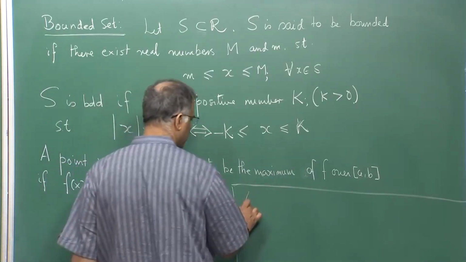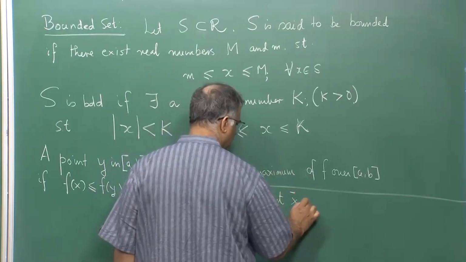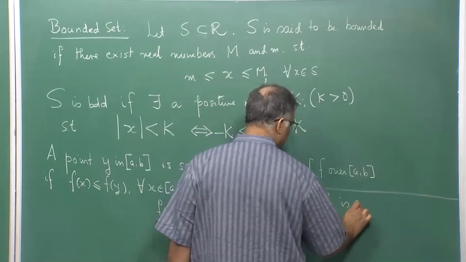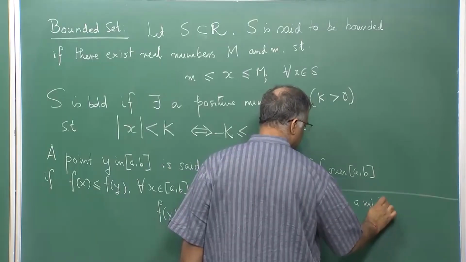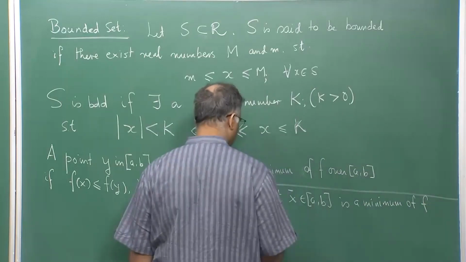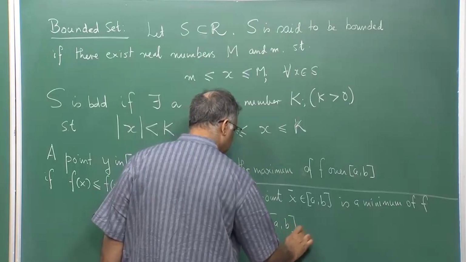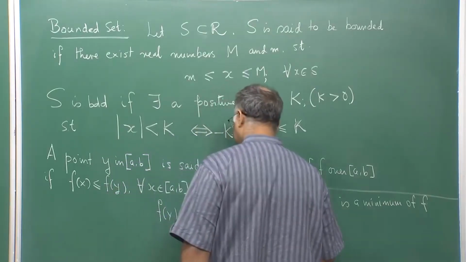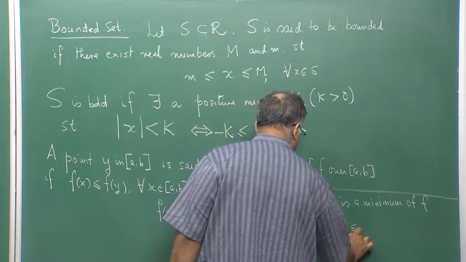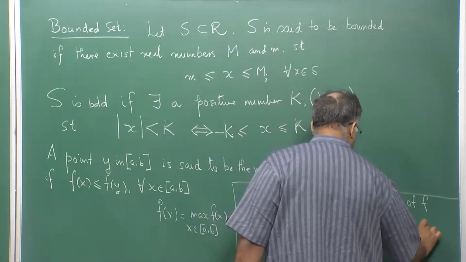A point x bar in AB is a minimum of f over AB if f of x bar is less than or equal to f of x for all x in AB.